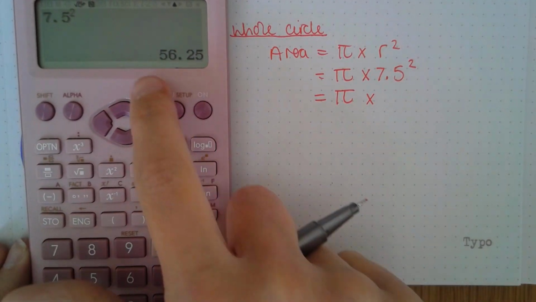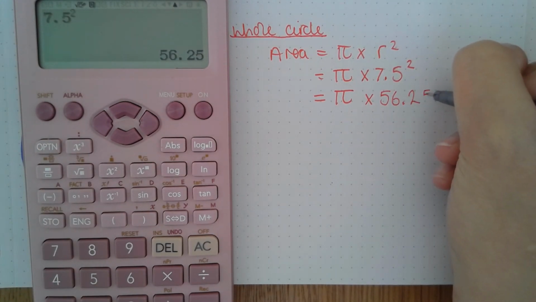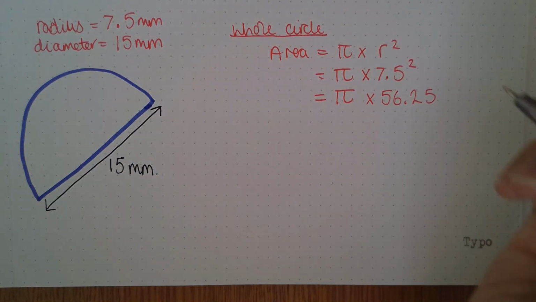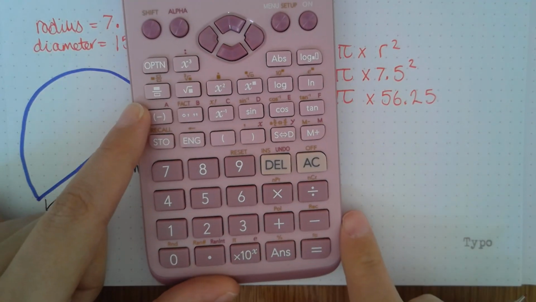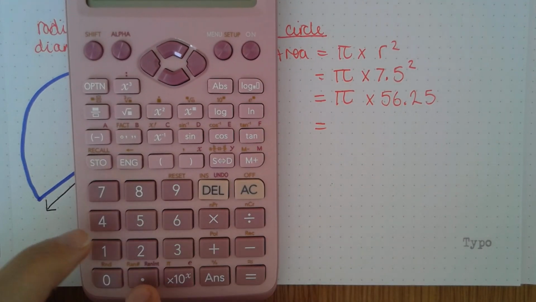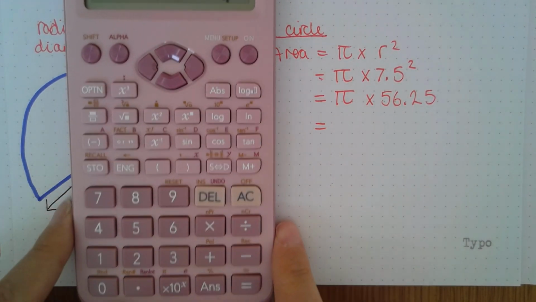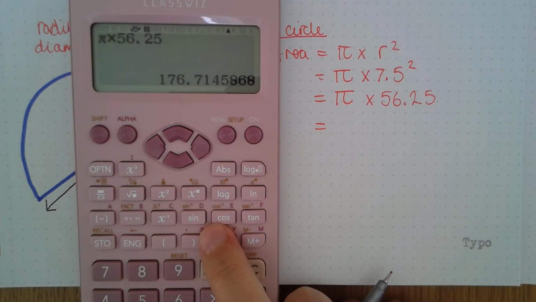S to D, so 56.25. Okay, and then we've got to work that out. So shift pi times 56.25 equals, we've got fraction and pi, so we press the S to D button.